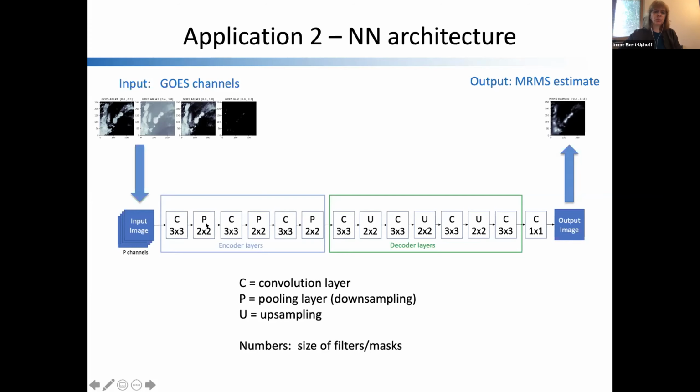You just have convolution, pooling, convolution, pooling, convolution, pooling to encode and extract features. And then you have your decoder with convolution, upsampling, convolution, upsampling, convolution, upsampling, and a one by one convolution that then gives you an output image. So again, it's an image to image translation.